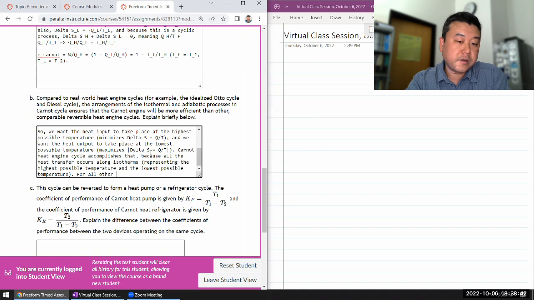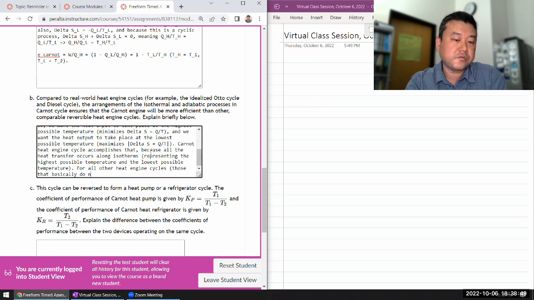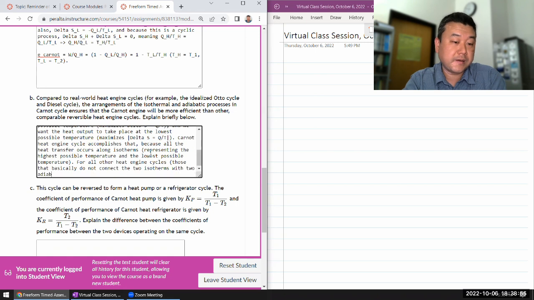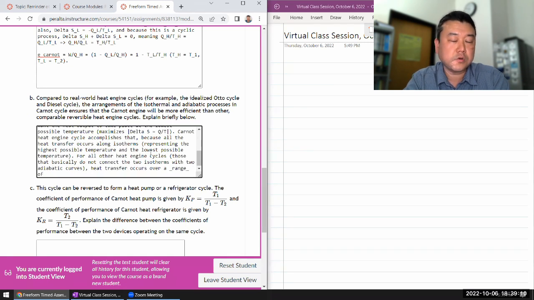For all other heat engine cycles, those that do not connect the two isotherms with the two adiabatic curves, because if they do, they are Carnot cycles, heat transfer occurs over a range of temperatures.